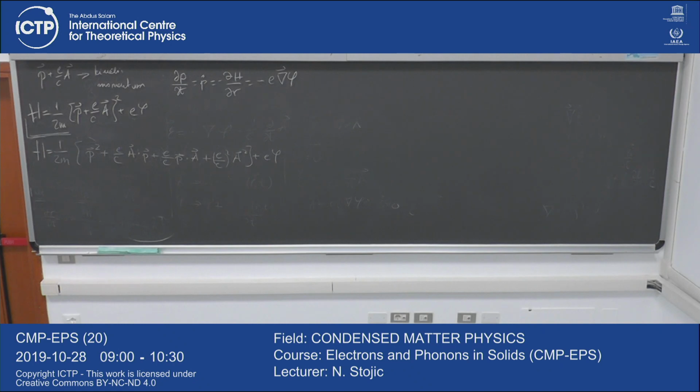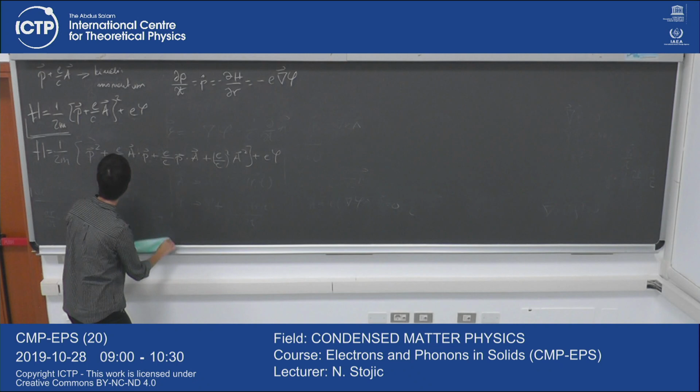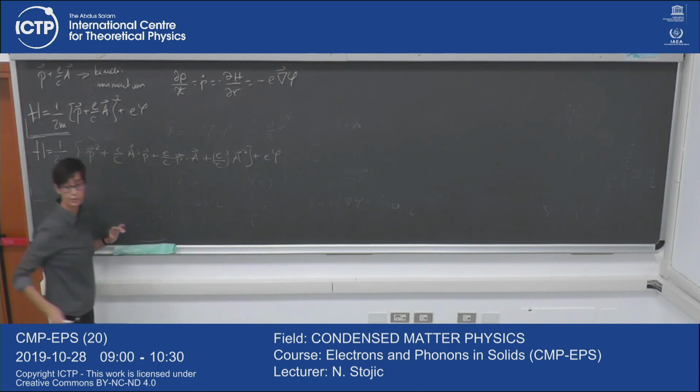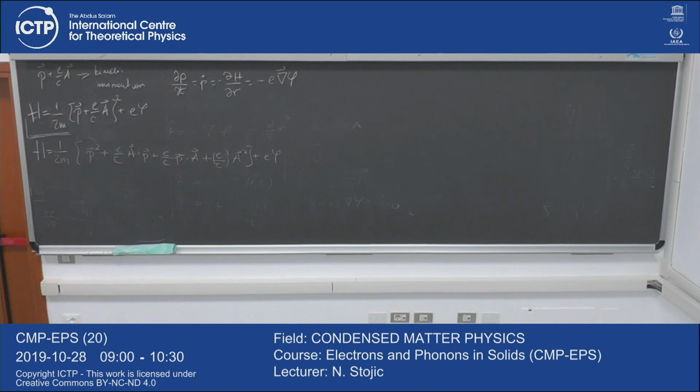This is the first, the full Hamiltonian. This pi square and e pi are going into A0. Which states are we going to use this Hamiltonian for? To the light or to some? No, the crystal. Crystal states, the Bloch states. Okay. The Bloch states of the crystal.